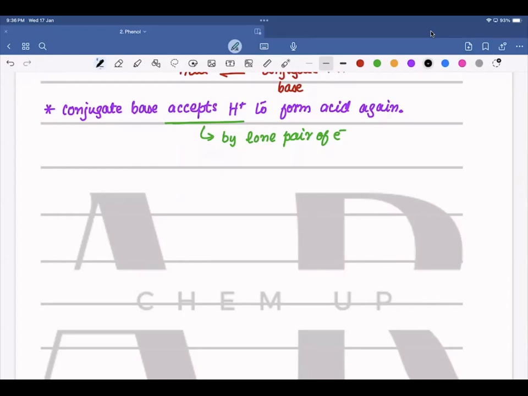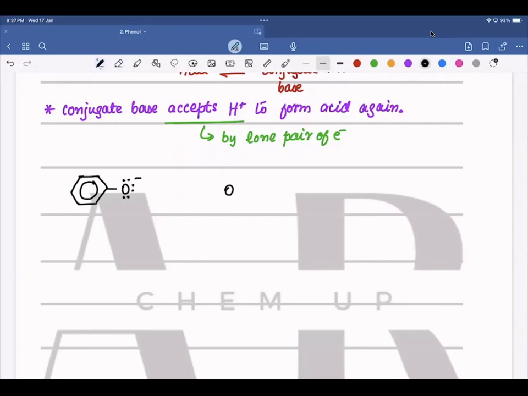So, the conjugate base of phenol is phenoxide, right? And in this phenoxide ion, the oxygen has 3 lone pairs of electrons.